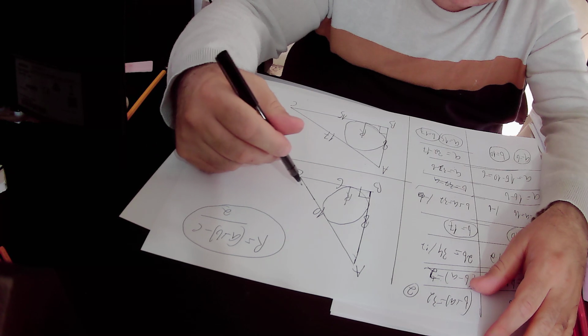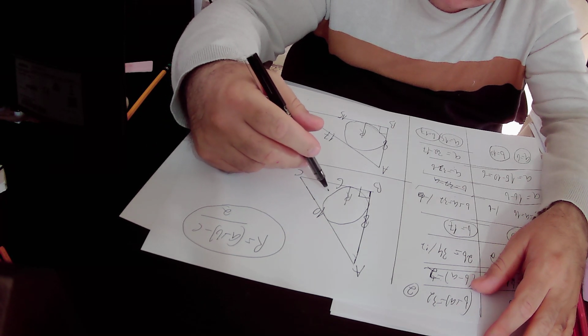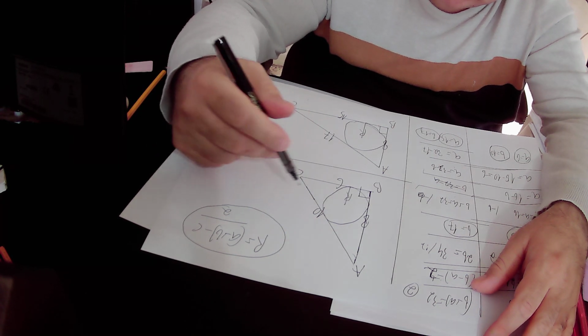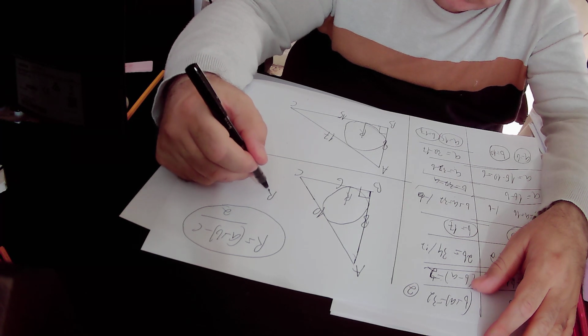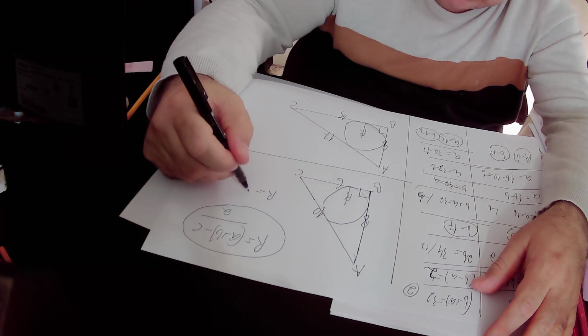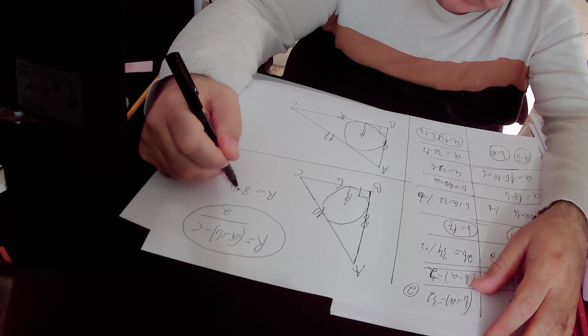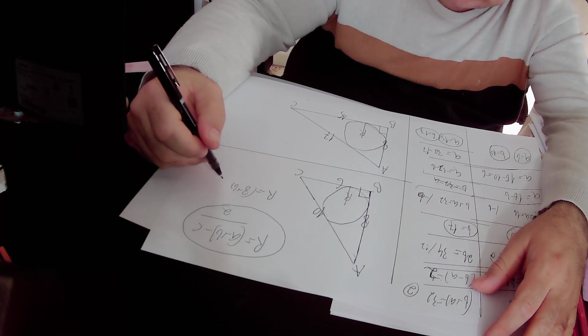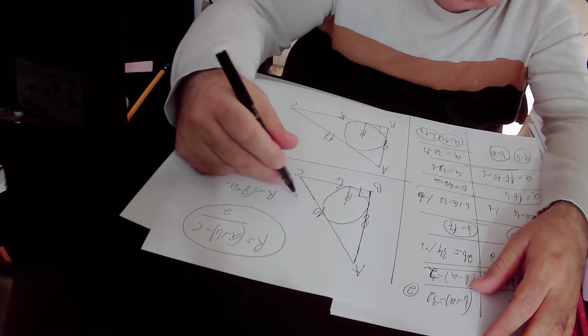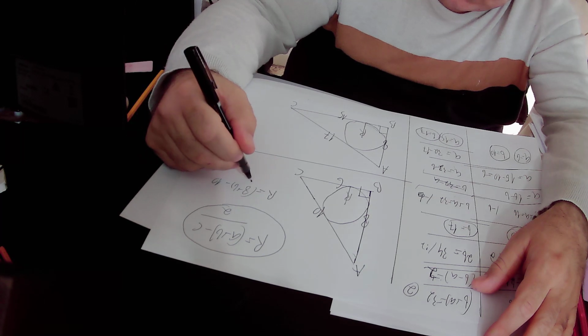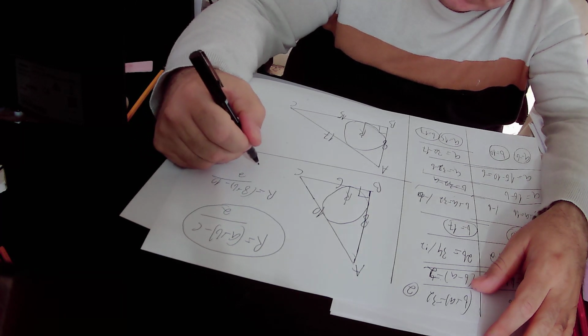So the radius of this circle inscribed by this specific right triangle, triangle ABC, will be equal to A plus B, which is 8 plus 6, minus C, minus the hypotenuse that is 10, over 2.